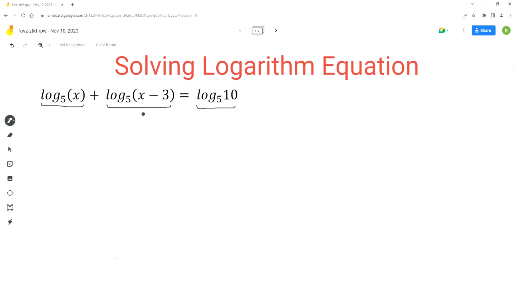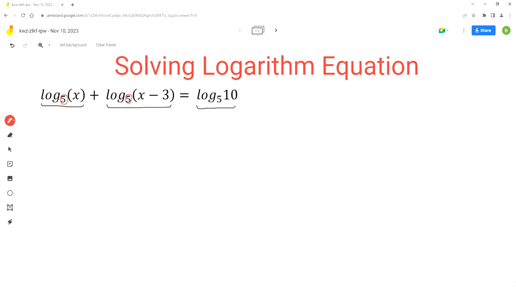So we'll start with the left side of the equation. Now on the left side, both log terms have the same base and the bases are 5. So since the bases are the same, we can use the product law of log.